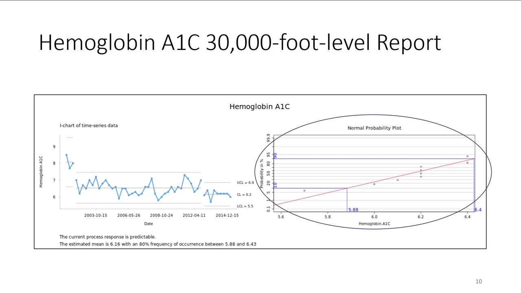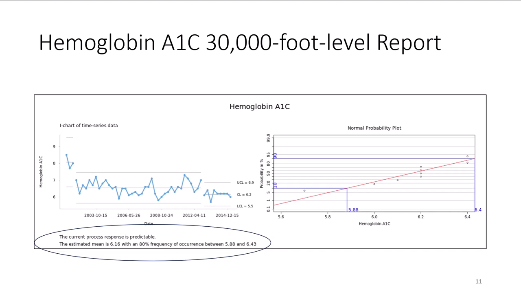The values of 10 and 90 are plotted since 90 minus 10 is 80. With 30,000-foot level reporting, if there is no specification to estimate non-conformance rate, an estimated mean or median is reported with an expected 80% frequency of occurrence range.